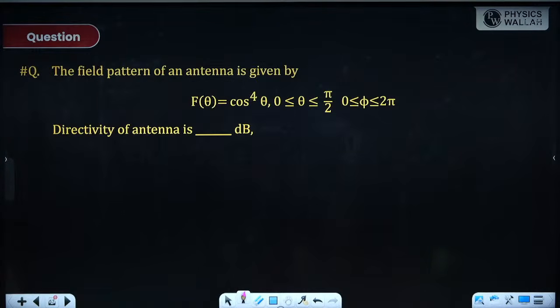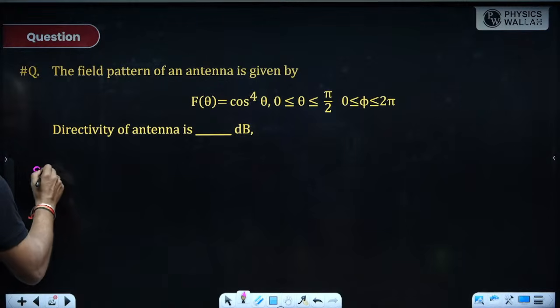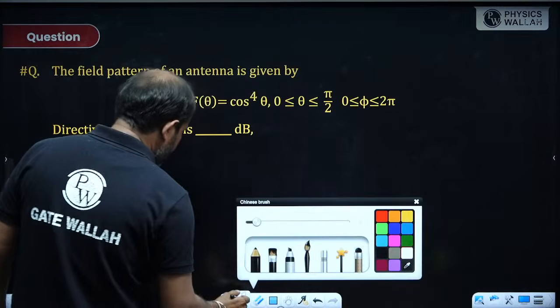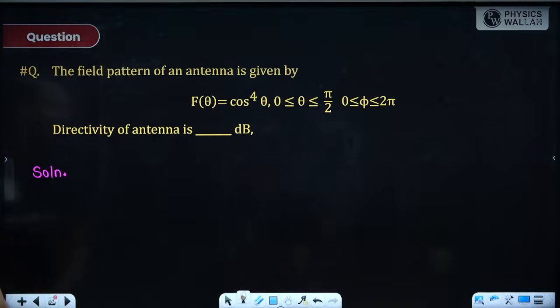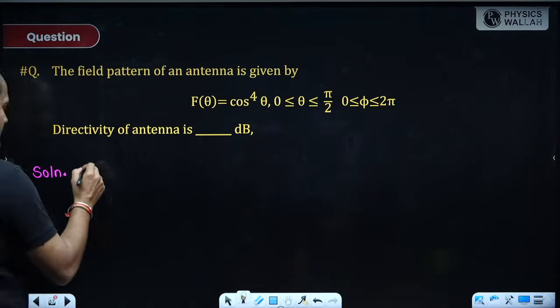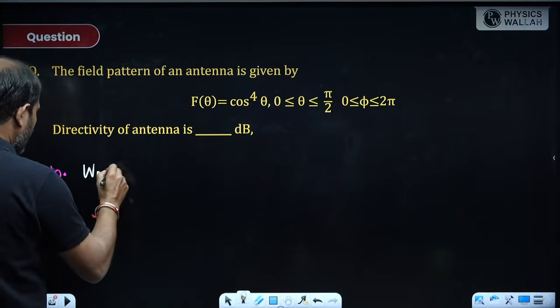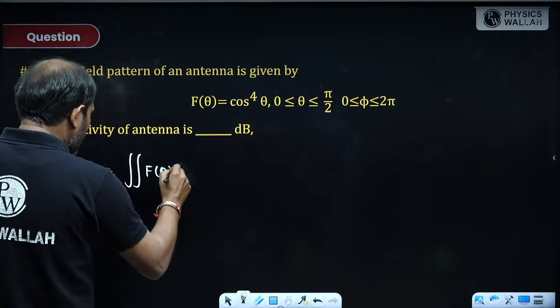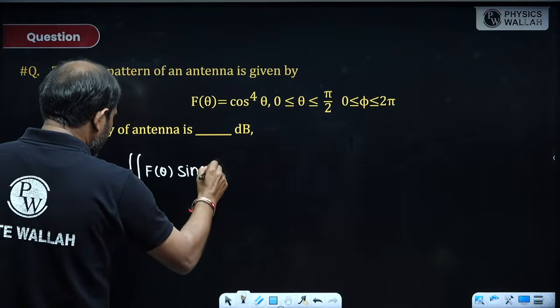Last, the field pattern f theta is given. They are asking for directivity. This type of question may be asked in the GATE exam. So first of all, calculate W0, the integration of f theta with respect to sin theta d theta d phi.